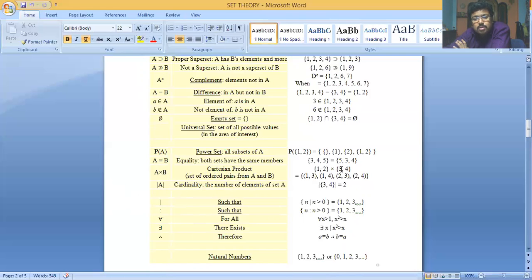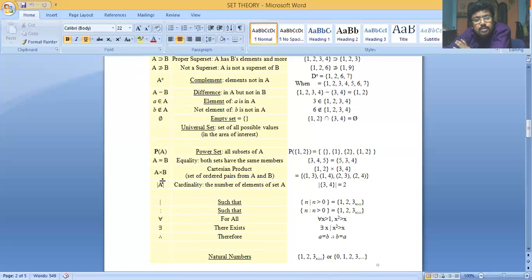So we get the set (1, 3), another set (1, 4), another set (2, 3), another set (2, 4). So this is the Cartesian product of these two sets. In this way, you can make the Cartesian product.